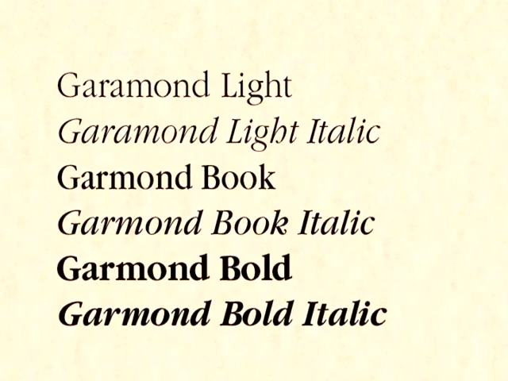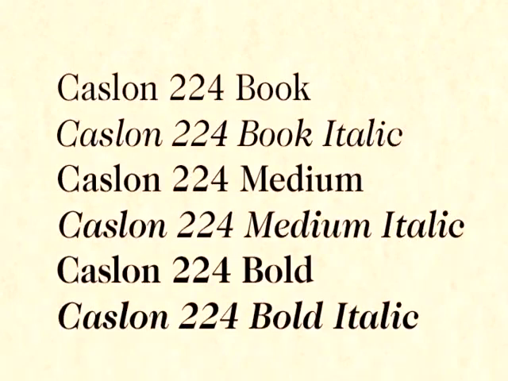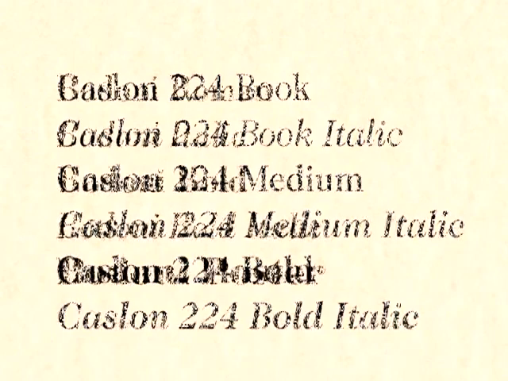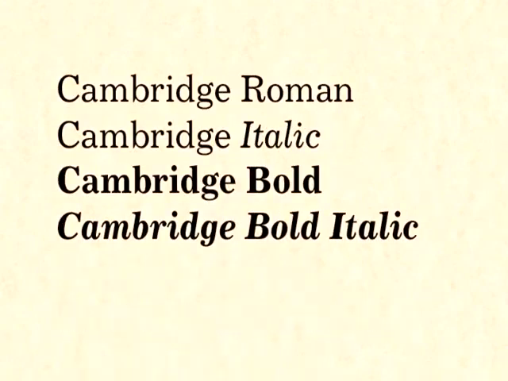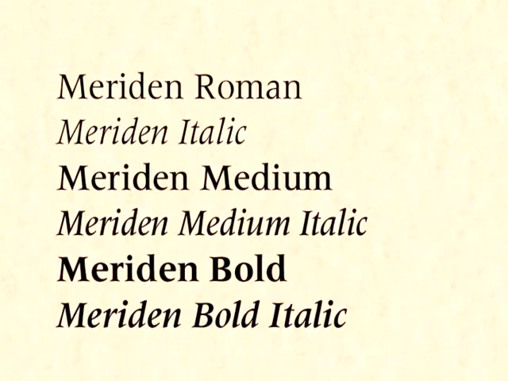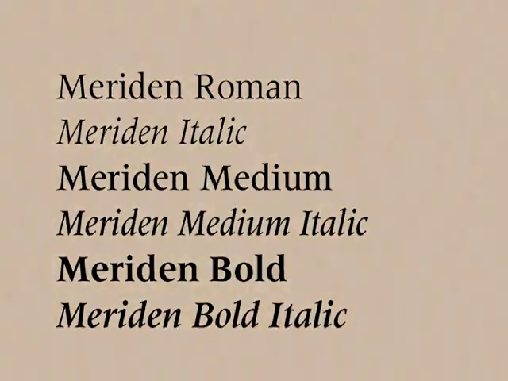For example, Gaudi, Garamond, Caslon, and others all fall into the category of old-style Roman type. Bodoni and Brunswick fall into the modern Roman category, and Century, Cambridge, and Meriden can be placed in the transitional Roman category.